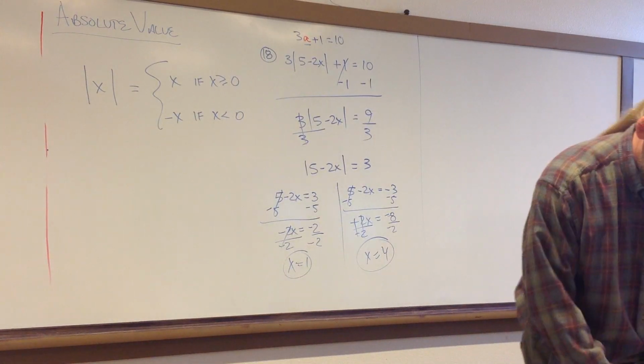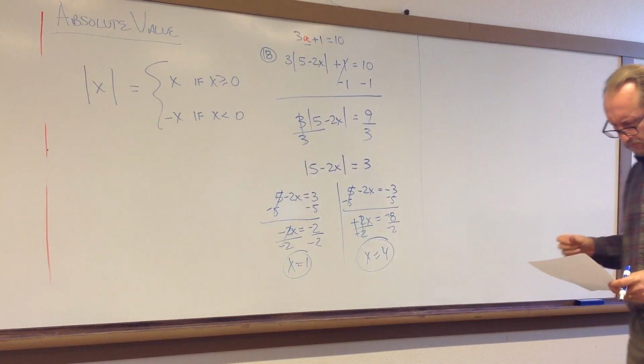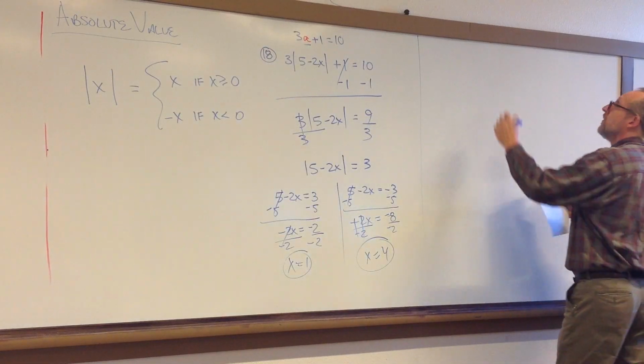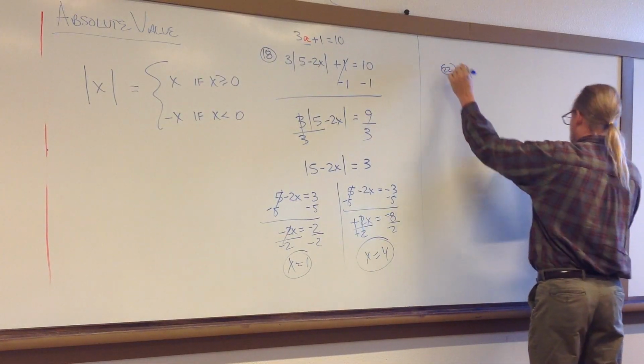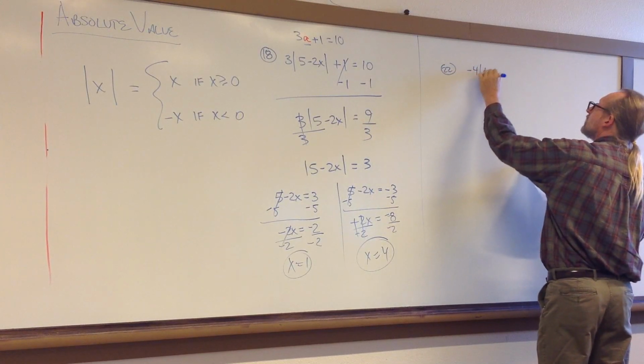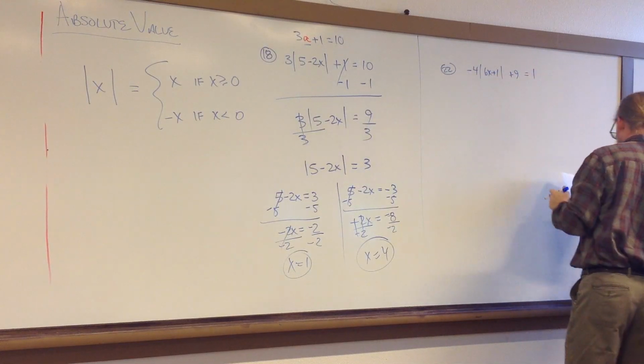Okay, let's see here. Problem 22. We start out negative 4 times absolute value 6x plus 1 plus 9 equals 1.